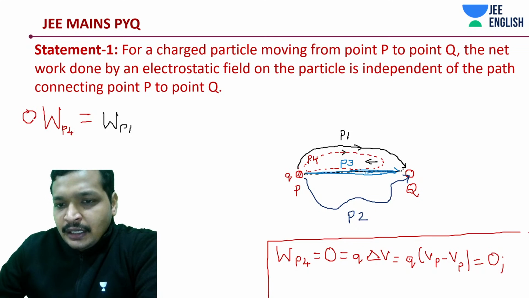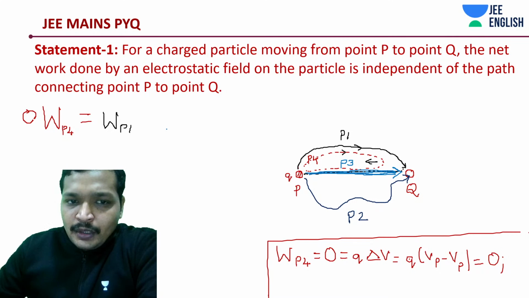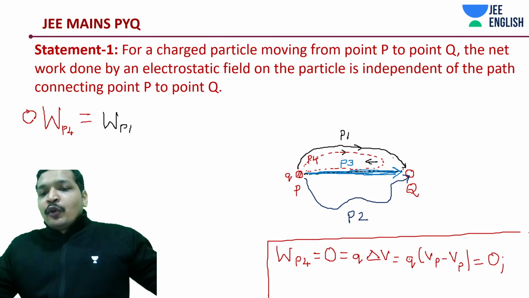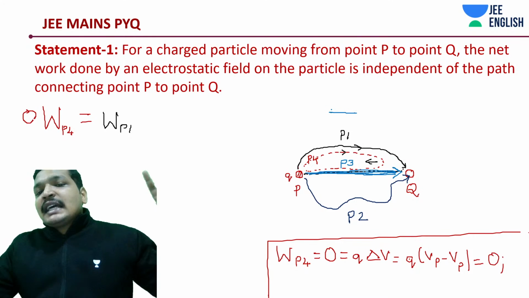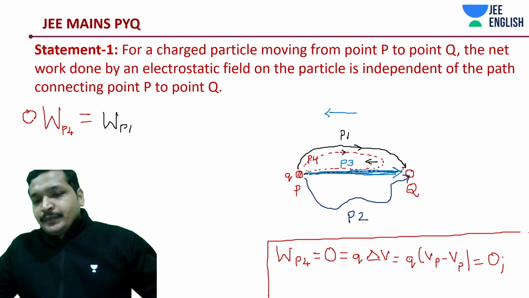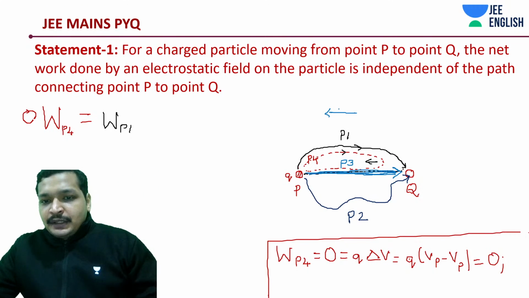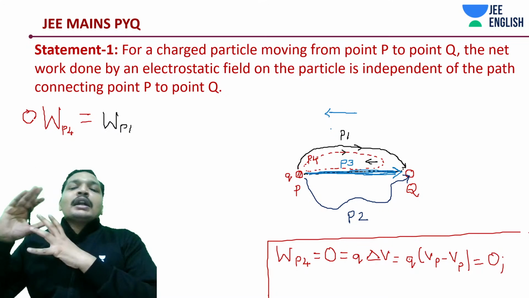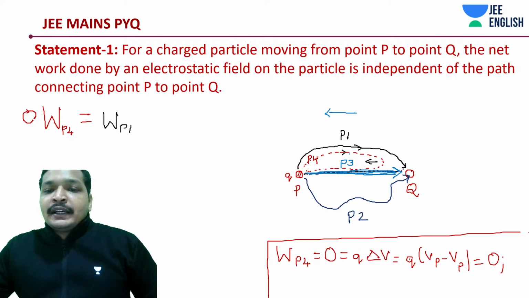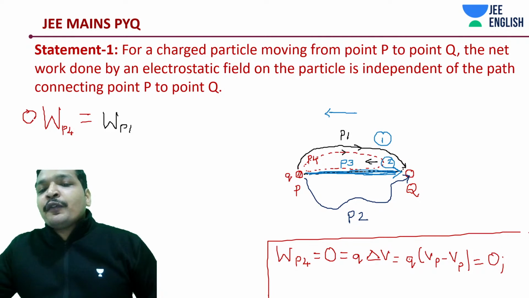This thing that we are highlighting is path P3, but you are moving in the reverse direction of P3. So your work done in path P4 can be divided into two parts. One part is this, the second part is the negative of work done in P3.